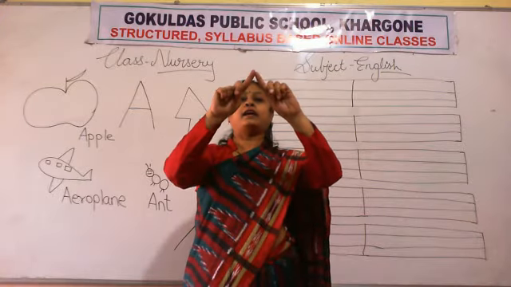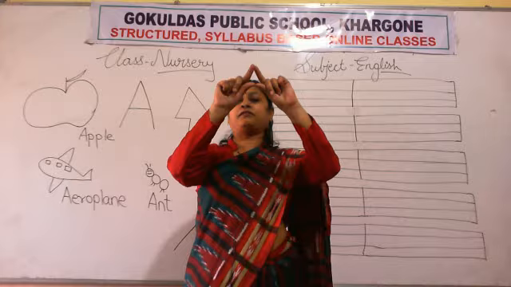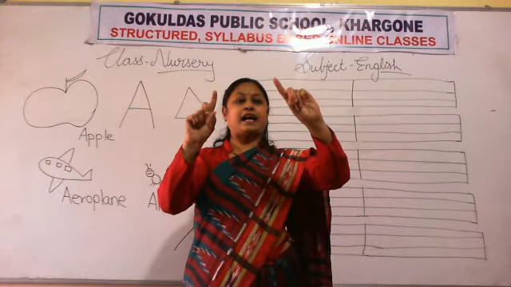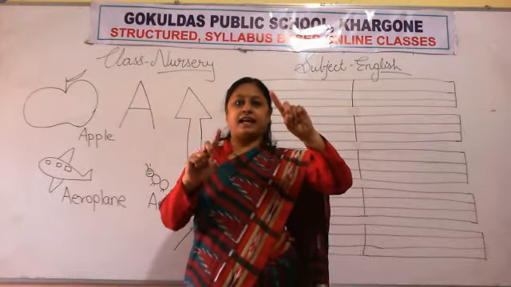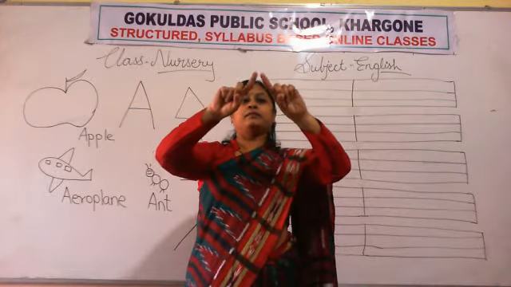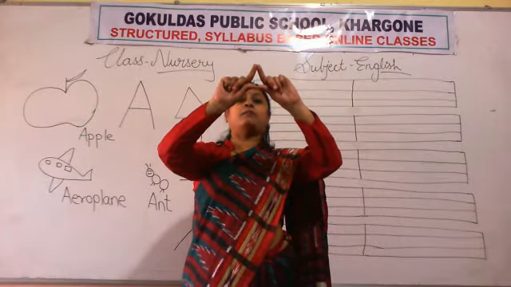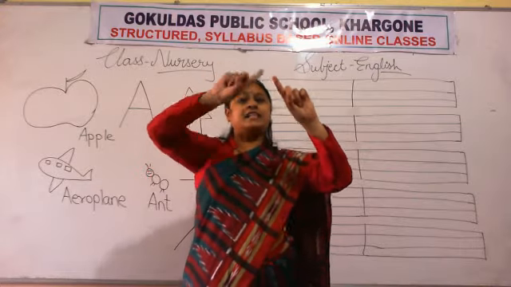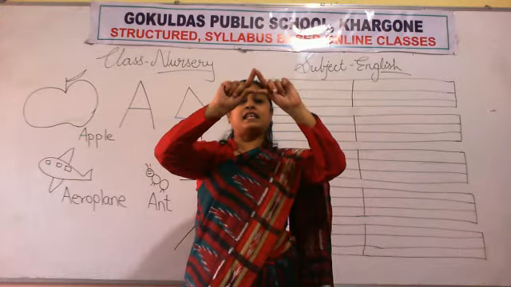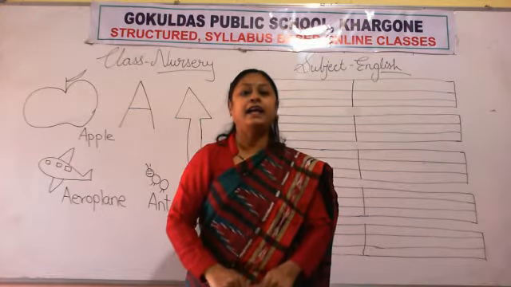And this is sleeping line. Which letter will form? Letter A. Slanting line, and then sleeping line. Which letter will form? Letter A.